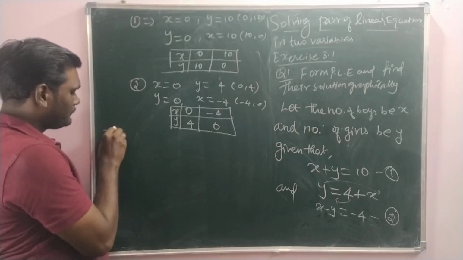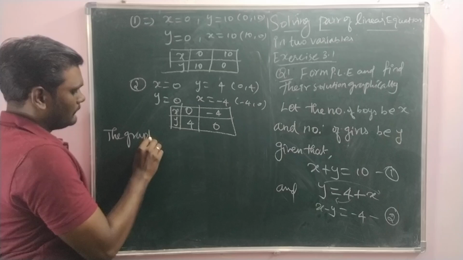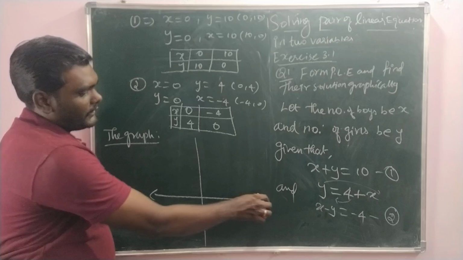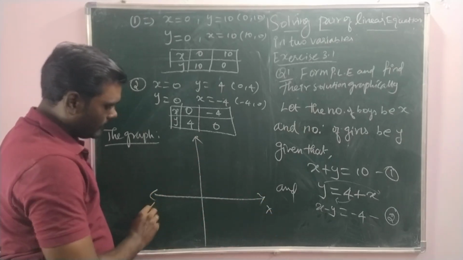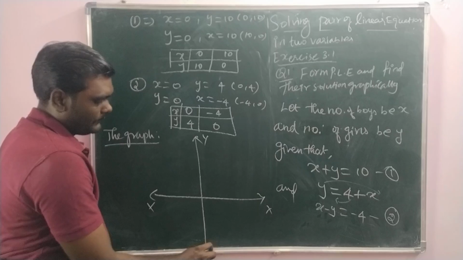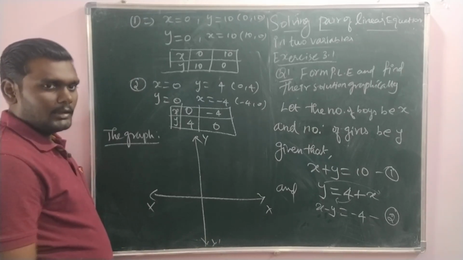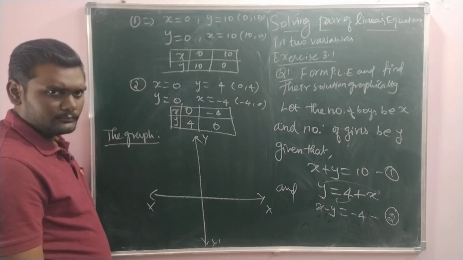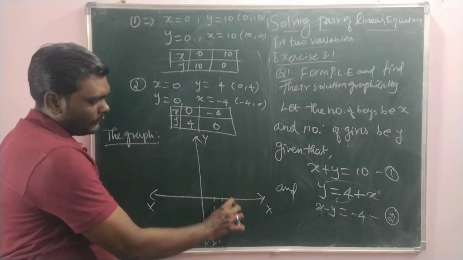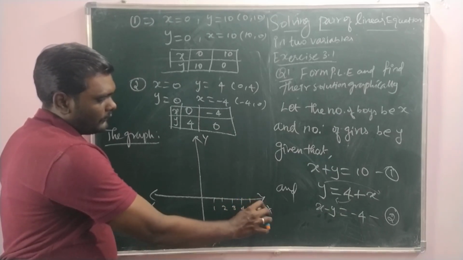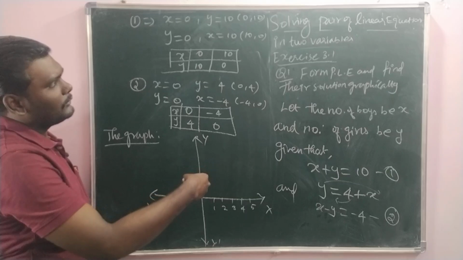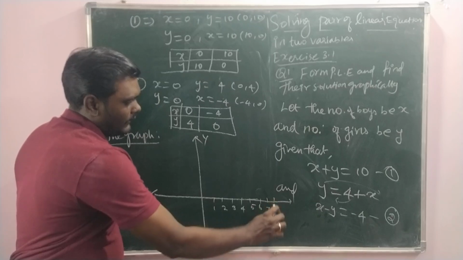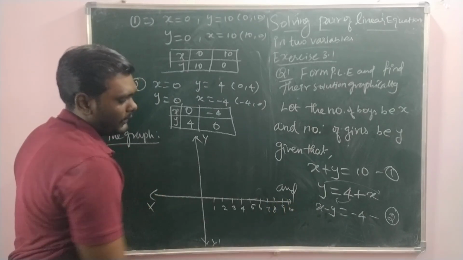Now the graph. So how to draw the graph? In the graph sheet, x axis, y axis, don't forget to use capital letters. If you are doing it in a notebook, as I told you, you can use a ruler. All of you are doing it in graph sheet only, right? No problem. Then here 1, 2, 3, 4, 5. Only x axis maximum 4 we need? No, 10 we need. 5, 6, 7, 8, 9, 10.